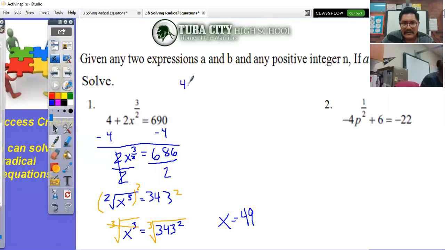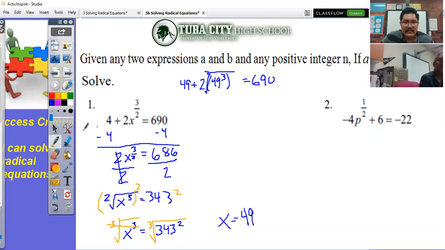So I'm gonna have to write this one out. 49 plus 2, and then I need to put 49 in here, 49 to the 3 power. And we also have to take the root of it, so that's going to be the square root, and it should come out to about 690.